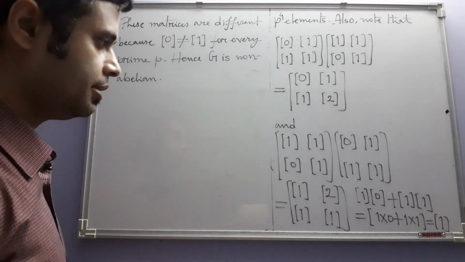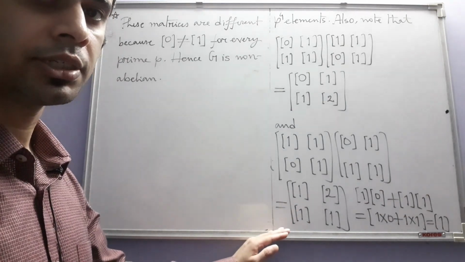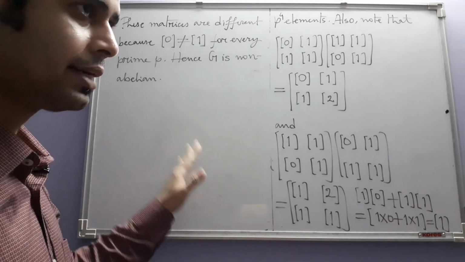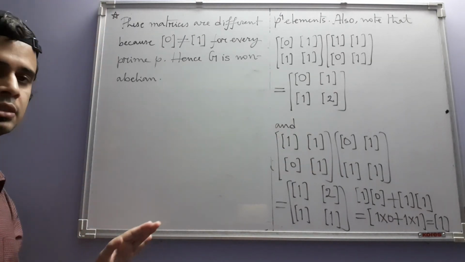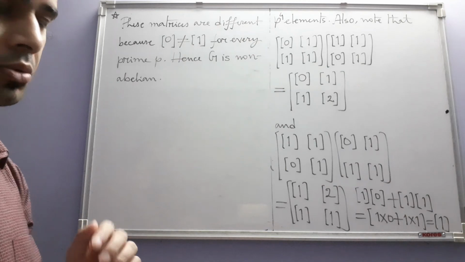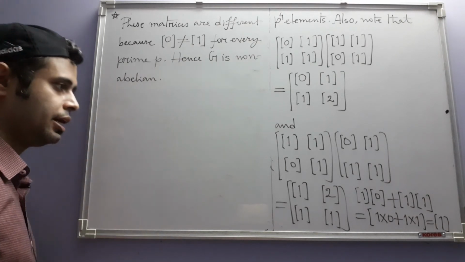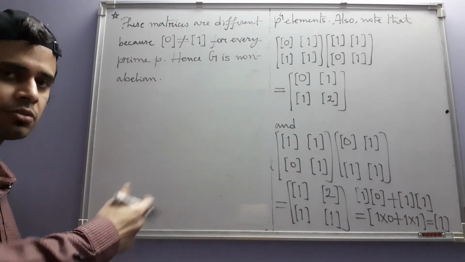Now since G is finite, a natural question is to ask how many elements G has, and that question will be answered by us in one of the exercise problems. And here the section 2.2 ends, the examples of groups.